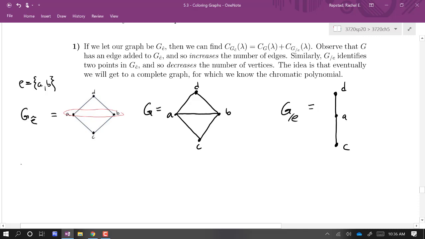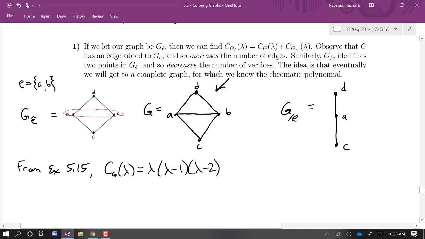So we know from the example we did where we found this chromatic polynomial in the middle here, I think it's example 5.15, the chromatic polynomial for G here is lambda minus 1, lambda minus 2, lambda minus 2.